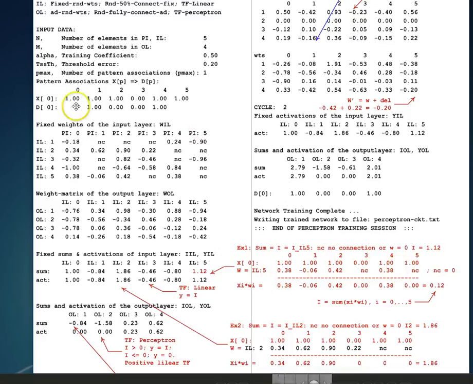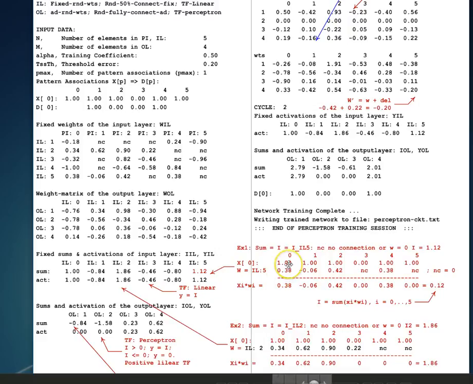To get the I value, you take this weight matrix and then multiply. This is the input vector X, and this is the corresponding weight matrix for I5. If you multiply the corresponding elements, you will get Xi times Wi.